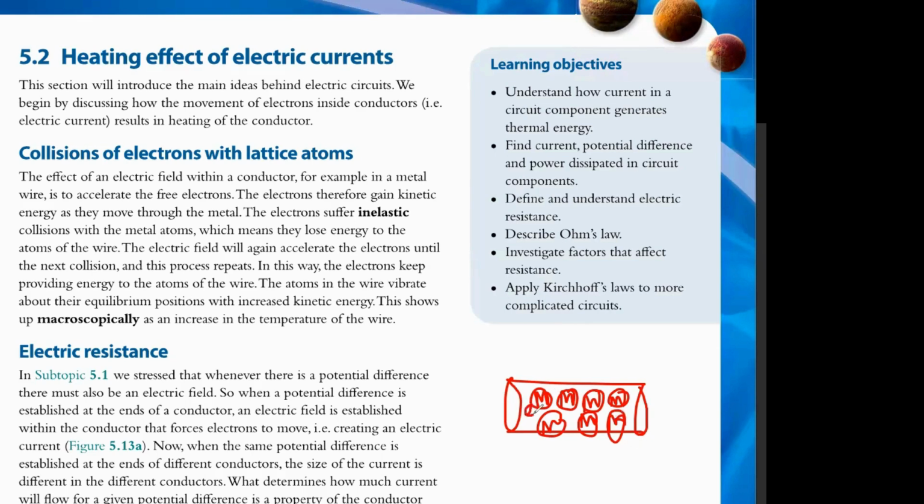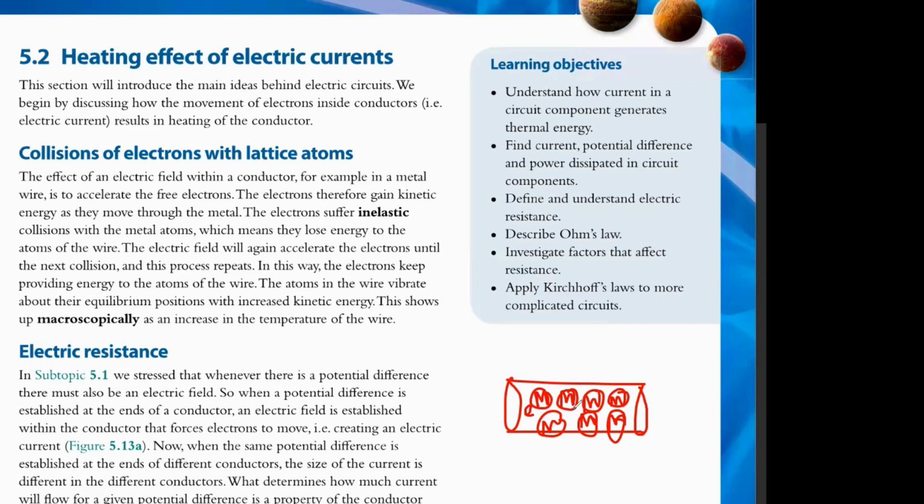These electrons are actually colliding with the metal ions, and when they collide with the metal ions, friction arises.